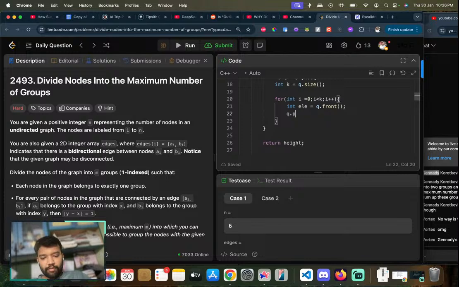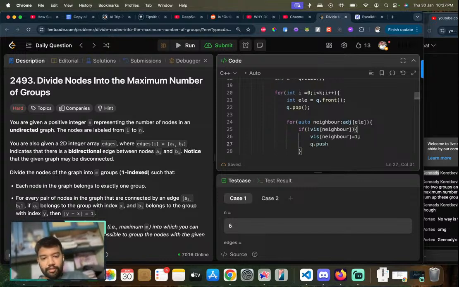Q dot pop. Now for the adjacency of elements, what I do is, if not visited of neighbor, visited of neighbor is equal to 1. Q dot push neighbor.